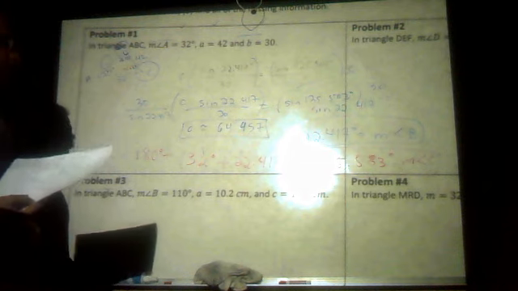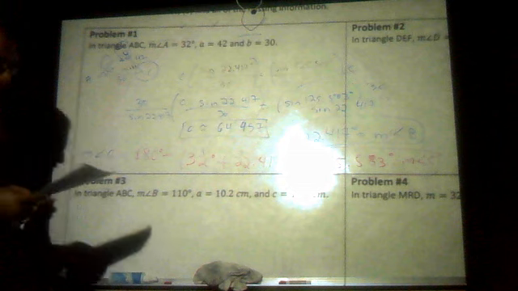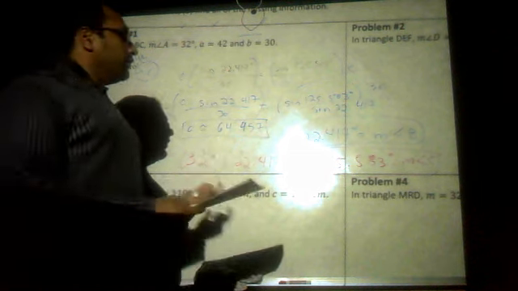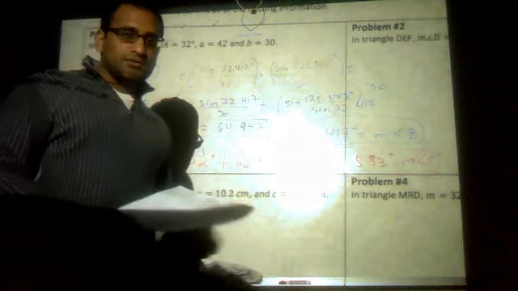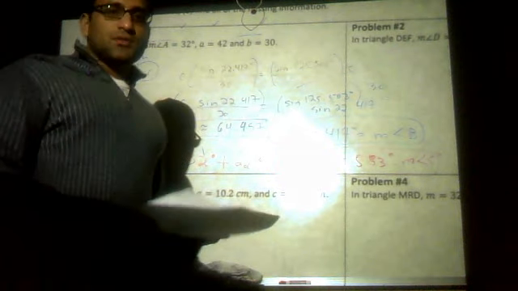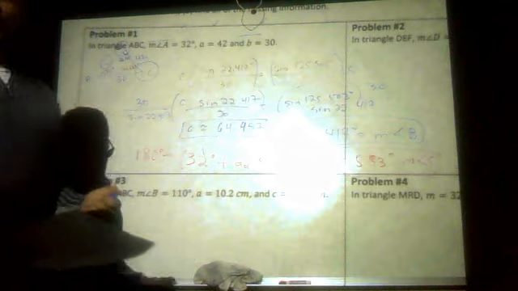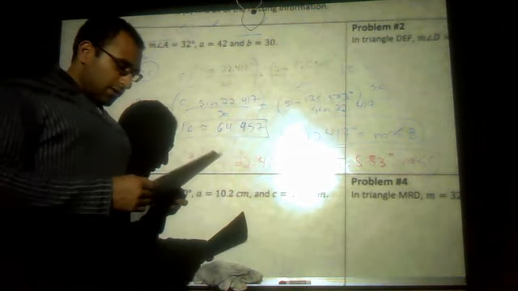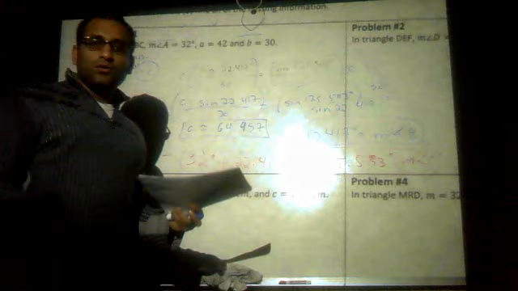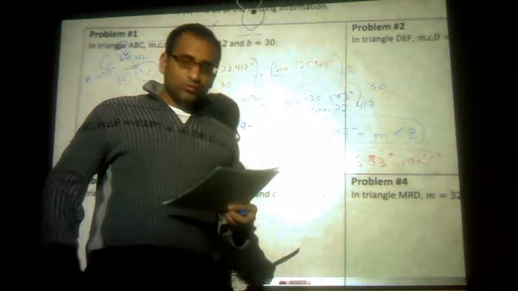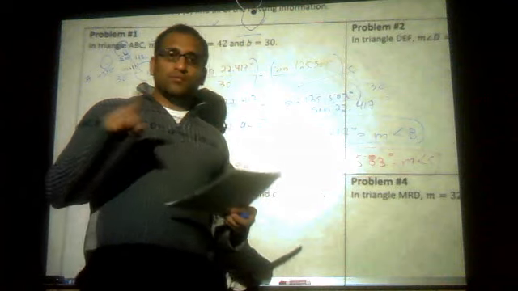Cool. So problem number 2 is basically almost identical to problem number 1, except instead of A, B, and C, they use the letters D, E, and F. So it works the exact same way. Should you want to check your answers, if you haven't worked this problem, I highly recommend that you skip to the next problem.